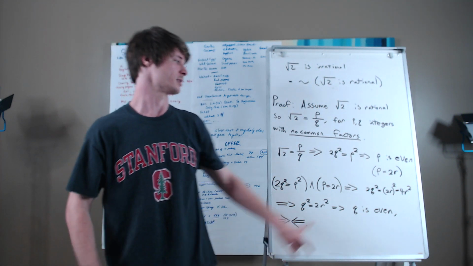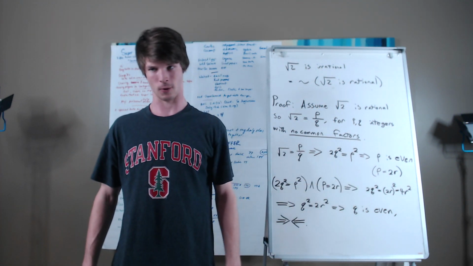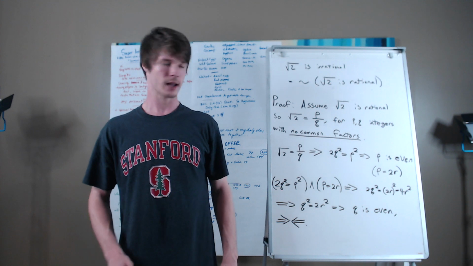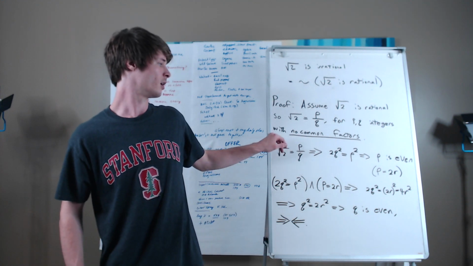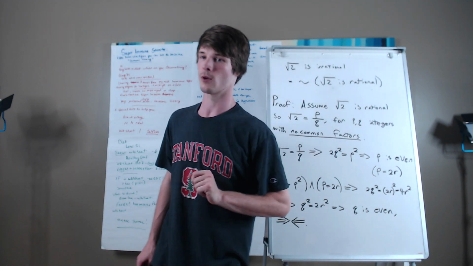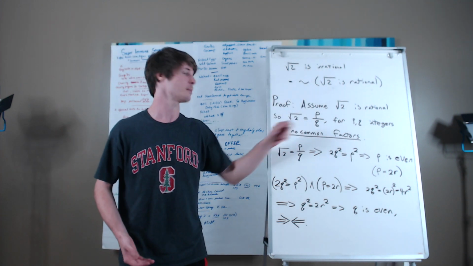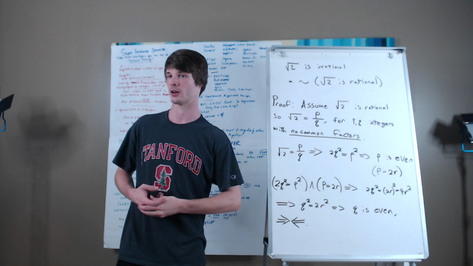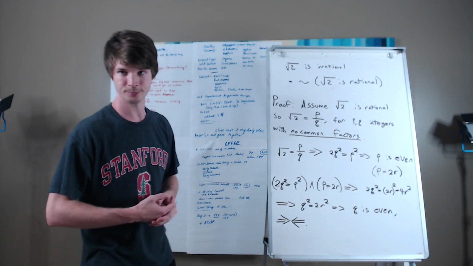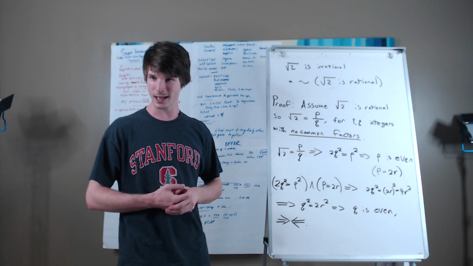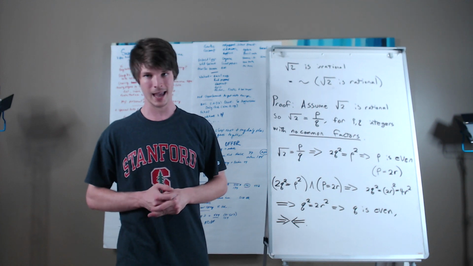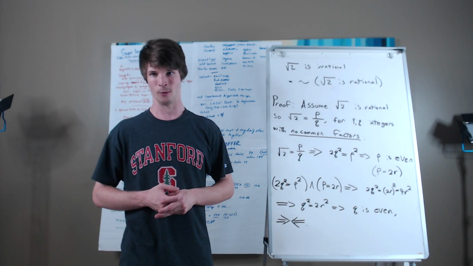All I've got is that p and q are even, right? Not exactly, because at the very beginning, I assumed that p and q were integers with no common factors. That was why I got p and q, or they were the minimal representation for square root of 2 that I could find. But they can't have no common factors and both be even. Why?